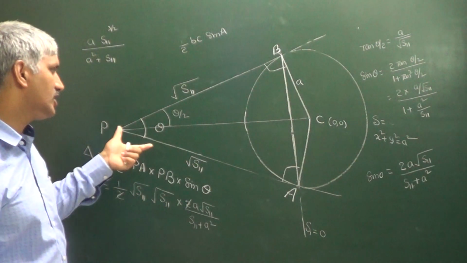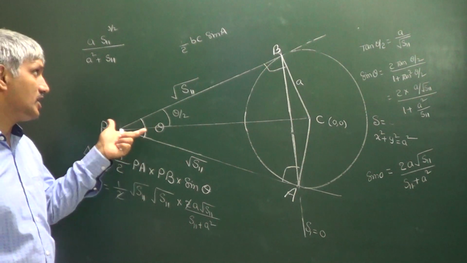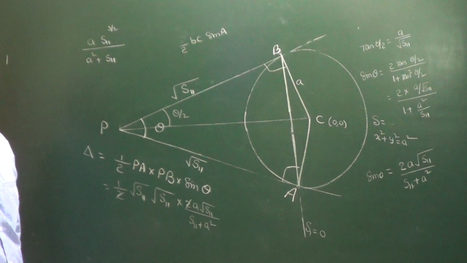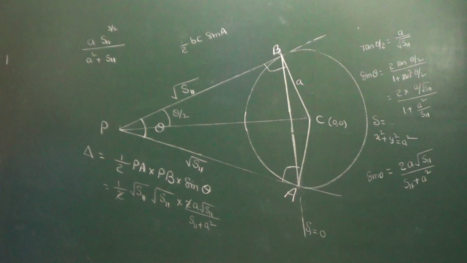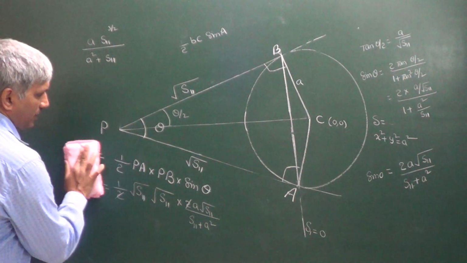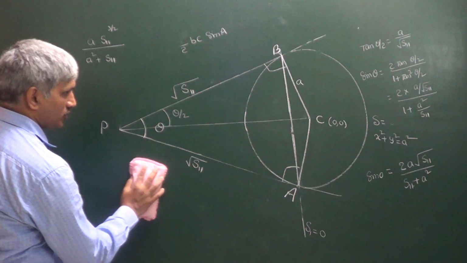Next, the area of the triangle PAB we calculated. We got the area of a triangle PAB as a into s11 power 3 by 2 divided by a square plus s11. So here one more point we are going to discuss.